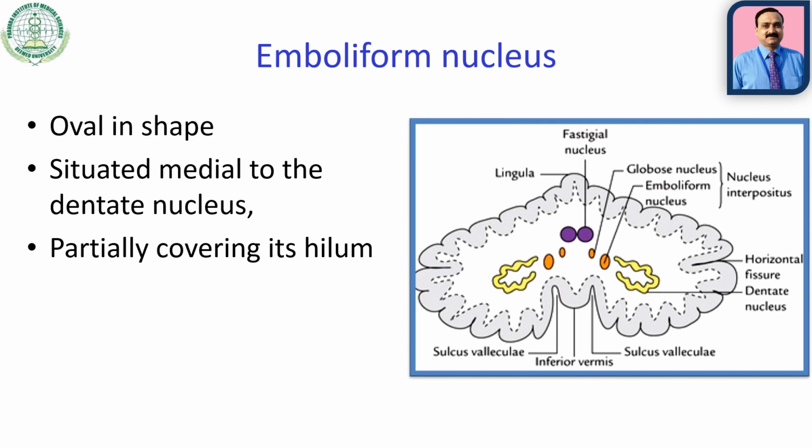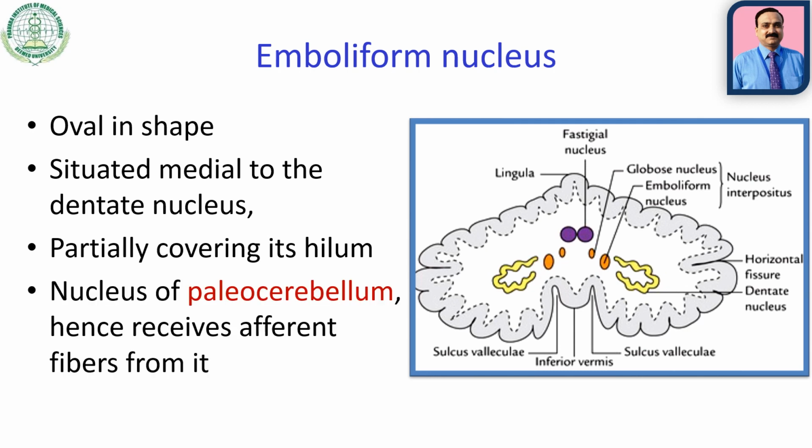You can make out here it is partially covering the hilum of the dentate nucleus. Emboliform nucleus is nucleus of paleocerebellum, hence receives afferent fibers from the paleocerebellum.